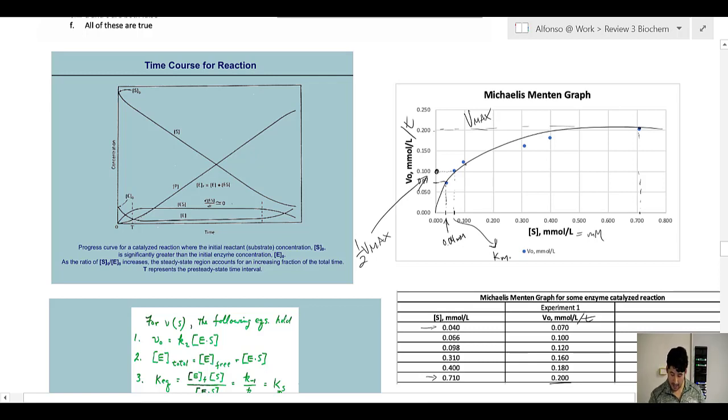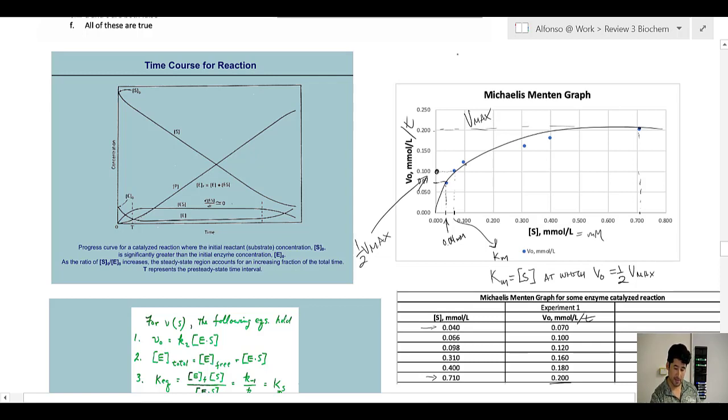And your Km is equal to the substrate concentration at which your initial velocity is 1/2 of the Vmax. A lot of students will say, oh no, your Km is 1/2 of the Vmax. But that doesn't make sense. Km is a concentration. Vmax, or velocity, is a measurement of how much product you're forming per unit of time.